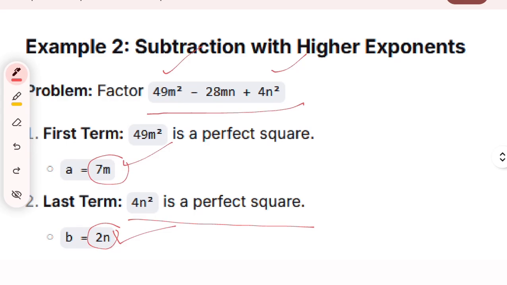And if I multiply that by 2, because that's the condition, right? First term times last term times 2. So 7m times 2n times 2. The answer is 28mn. Oh, that is indeed the middle term of the trinomial. That means the first condition, the second condition, and the third condition are all satisfied. And this trinomial here is a perfect square trinomial.